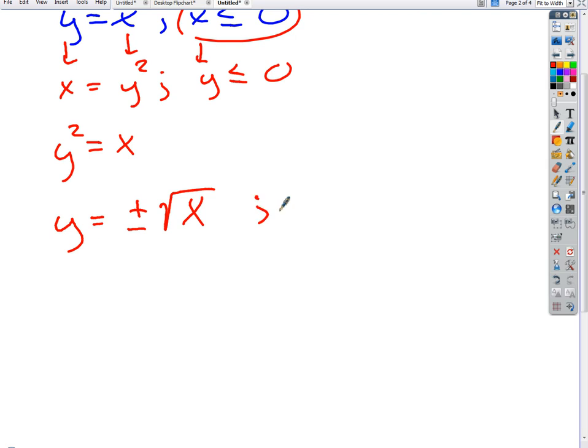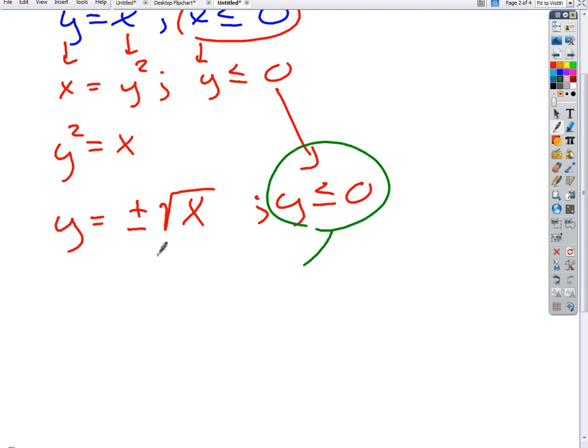But if y has to be less than or equal to 0, which of those two signs am I going to keep? The minus. You see that? Because of this condition right here, we're going to keep the minus and forget the positive. We didn't even have to graph those things, right? This condition up here told me which one of these two answers we were going to keep. See how that works? Isn't that cool that it does that?